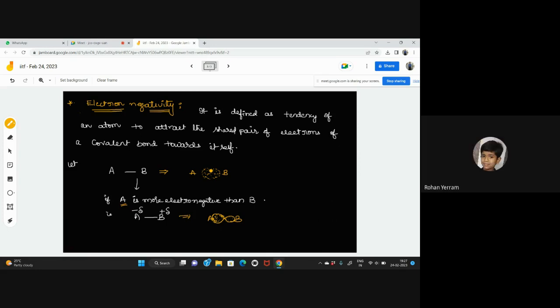Alpha particles? No, we can't say alpha particles. It is just an electron cloud. Let me show you in Google what an electron cloud means.